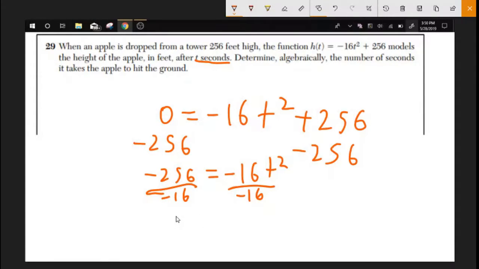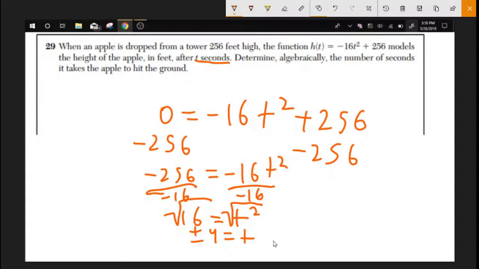And that gives us 16 is equal to t squared, and now we take the square root of this, and we have positive or negative 4 is equal to t.